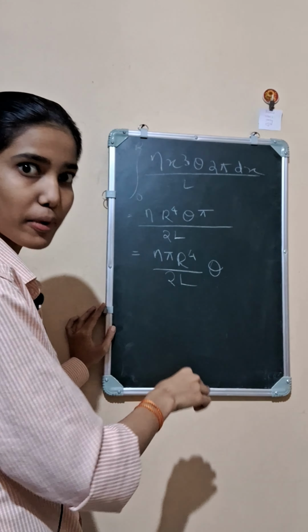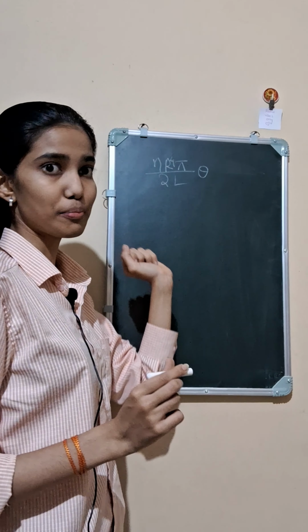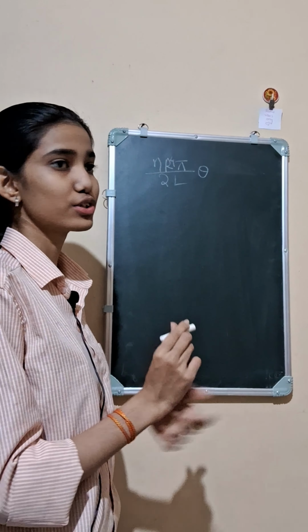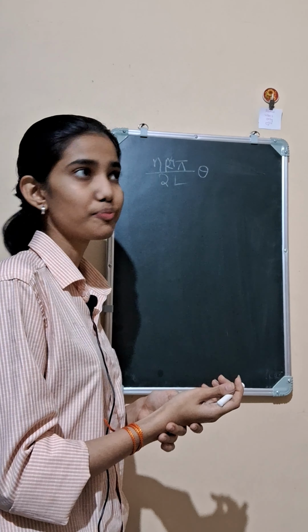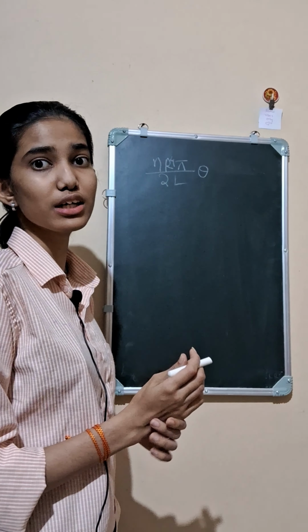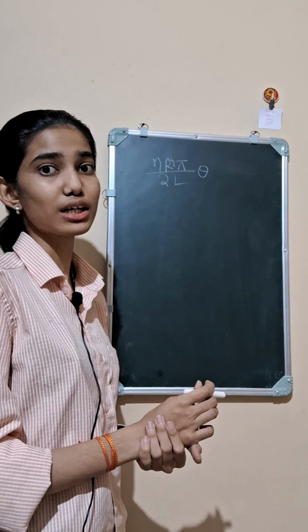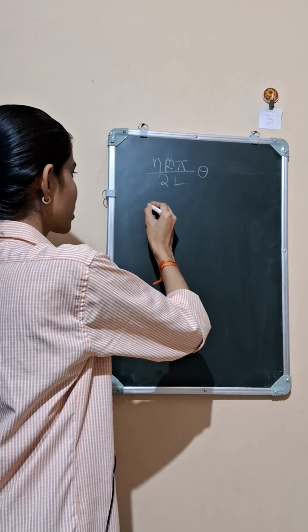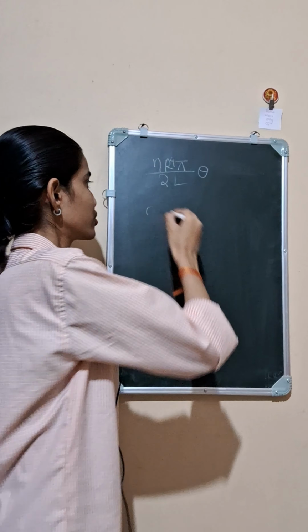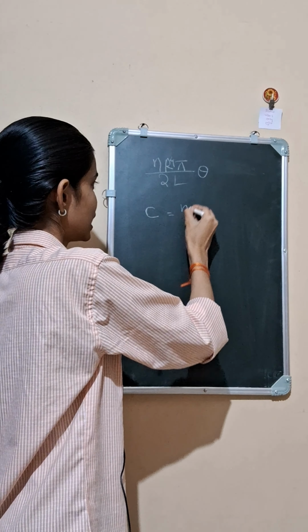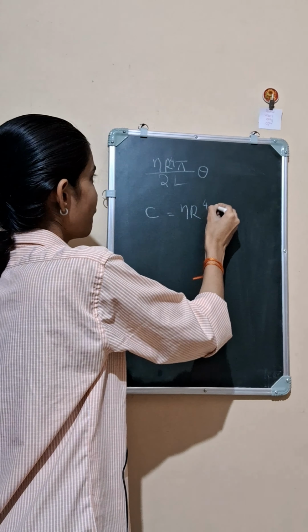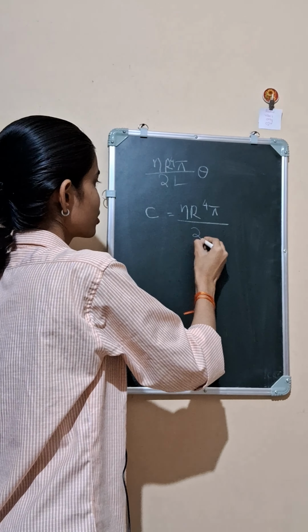This is the couple. And we are going to calculate torsional rigidity, meaning couple per unit twist. If theta is unity, what will be the couple, and that is denoted with C. If I replace theta with 1, I will get eta pi r to the power 4 by 2l.